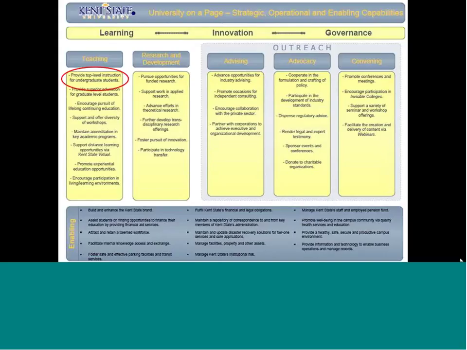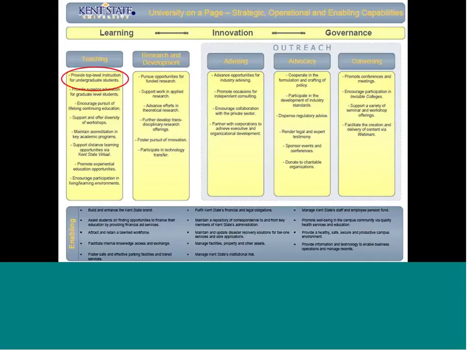In terms of operational capabilities, the capabilities that define what we are as an organization and what we do, what value we add, we would suggest, at least for Kent State, that this involves teaching and learning, research and development, advising, advocacy, and convening. Within each of these operational capabilities, you see that we have broken them down into several sub-capabilities. For example, under teaching, we would expect to provide top-level instruction for undergraduate students.